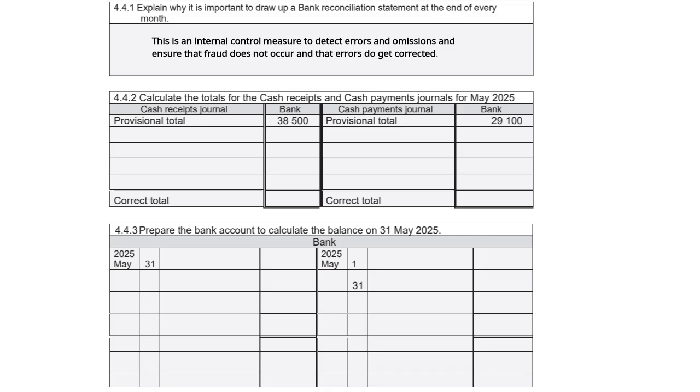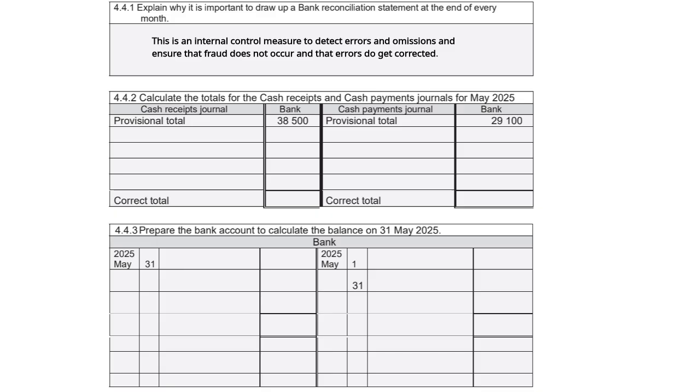So as you can see, our provisional totals have already been entered. 38,500 is our CRJ journal total that was given to us under additional information number 2. And then our CPJ is 29,100 rand that was given to us on additional information number 2.